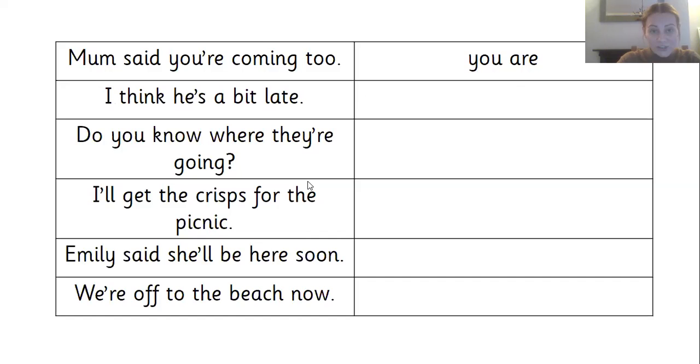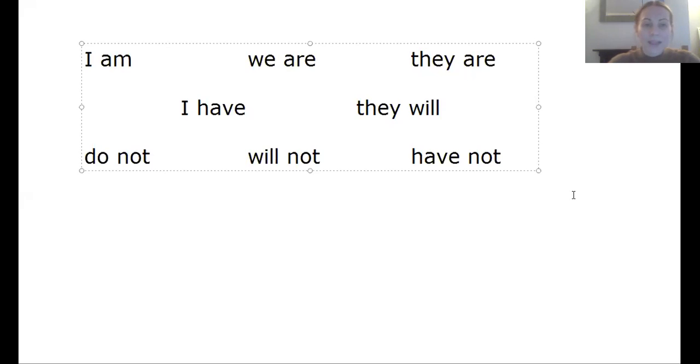You will need to do the same for each one of these sentences underneath. Pause the video now and have a go for me. Okay, when you've completed that table, either in your book or on the screen, make sure you take a photo of it and send it to me on the dojo.